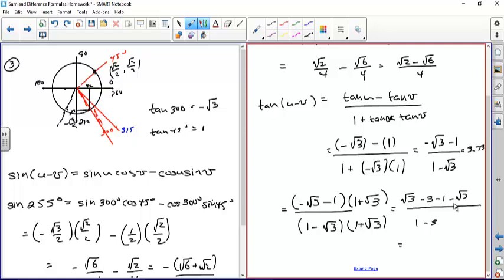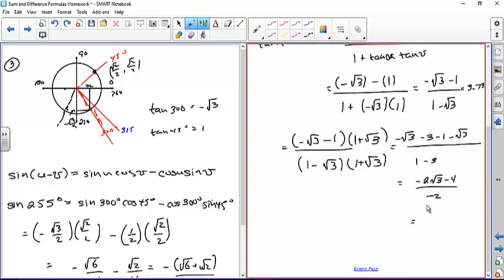Let's see, what did I do wrong? Oh, this is the first. That's negative the square root of 3. Okay. So what I'll get is negative 2 square root of 3 minus 4 over negative 2. Or I can divide by 2, or negative 2. So I'll get the square root of 3 plus 2.